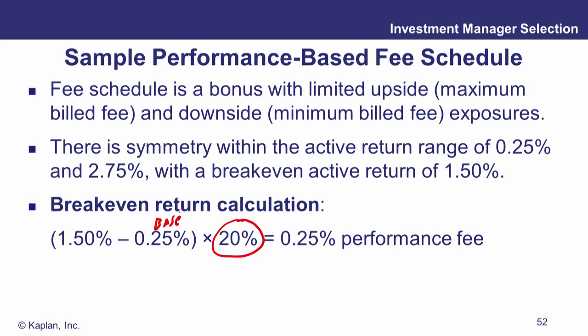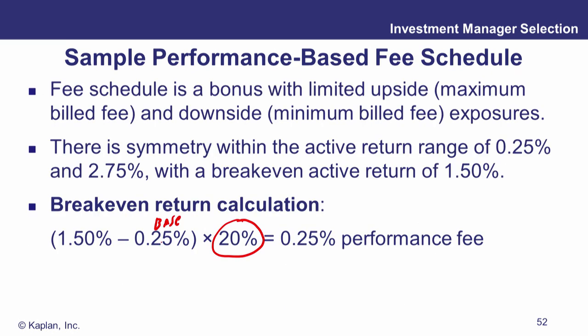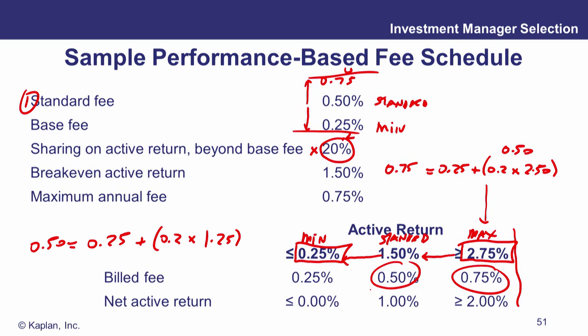So in that 1.5 region, if we deduct the base of 0.25, then we can get our overall performance fee. This is going to be the 0.25, which is the base, plus the performance-related fee of 0.25, giving us the overall fee of 0.5 that we have here.